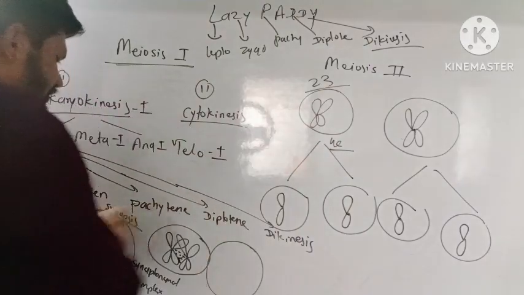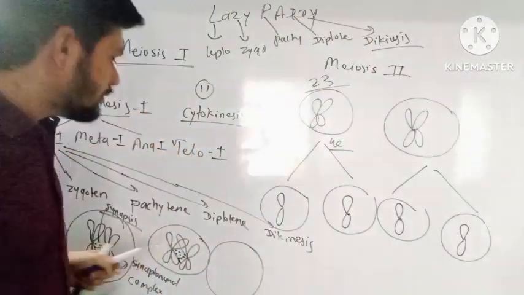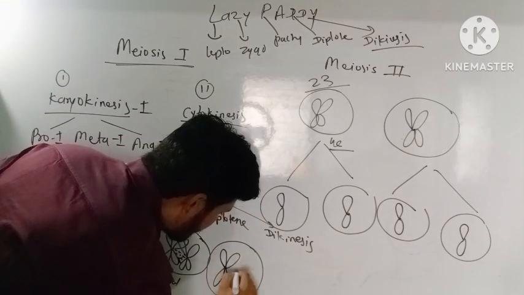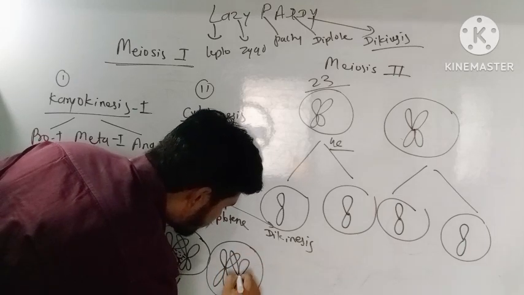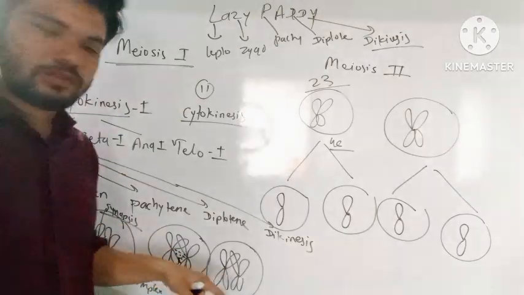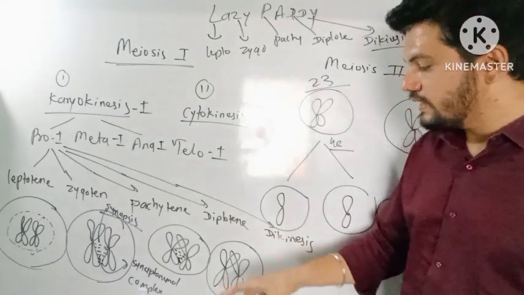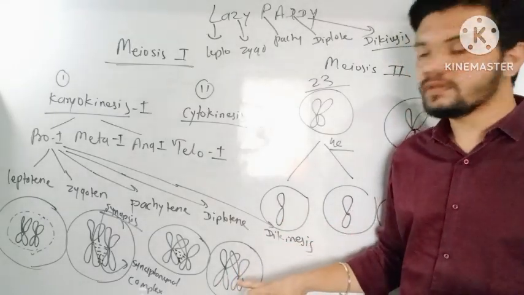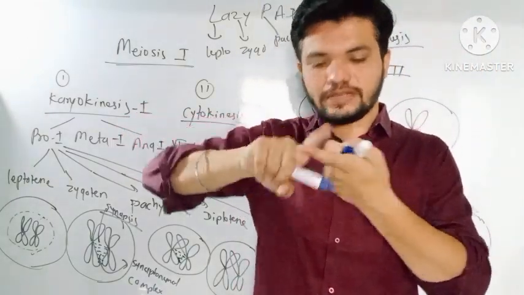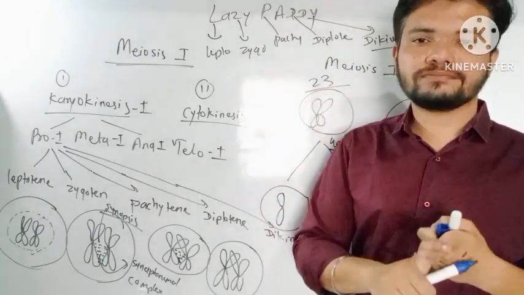Then let's move to diplotene. After completion of the recombination process, the synaptonemal complex will disappear. So you will not be able to see the synaptonemal complex in diplotene. But the chromosomes are still crossing and have a structure called chiasmata.